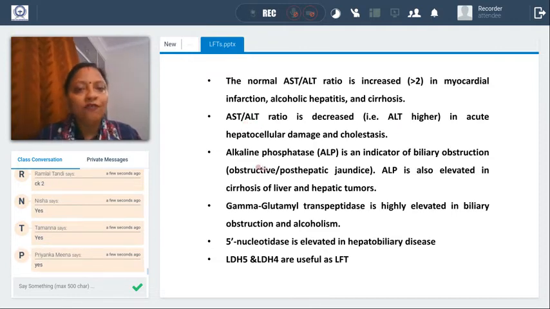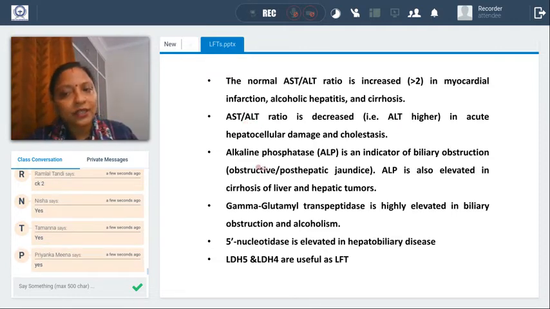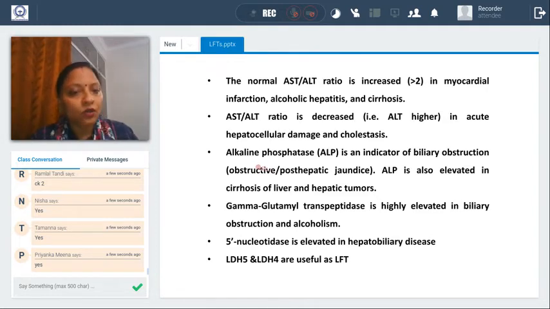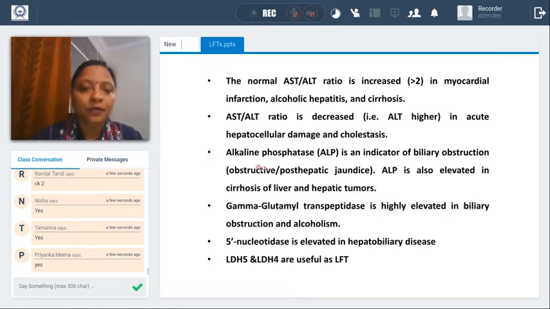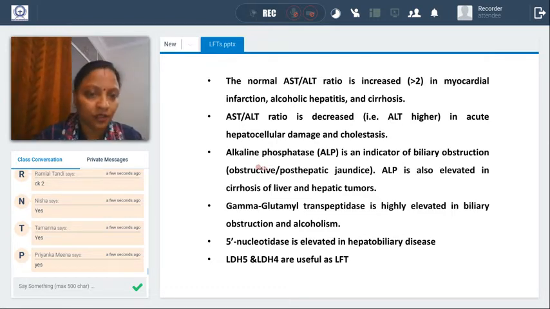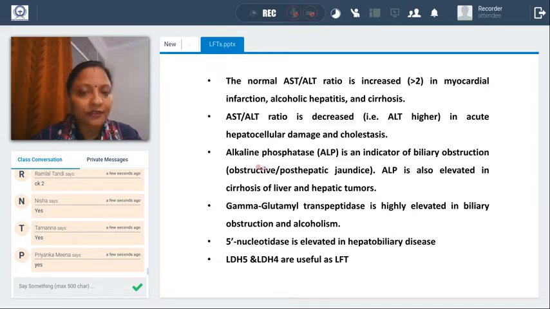Okay. Alkaline phosphatase, ALP, is an indicator of biliary obstruction. You all know obstructive or post-hepatic jaundice. ALP is also elevated in cirrhosis of liver and various hepatic tumors. Gamma glutamyl transpeptidase, GGT, is highly elevated in biliary obstruction and alcoholism. 5-nucleotidase, 5-NT, is elevated in hepatobiliary diseases.